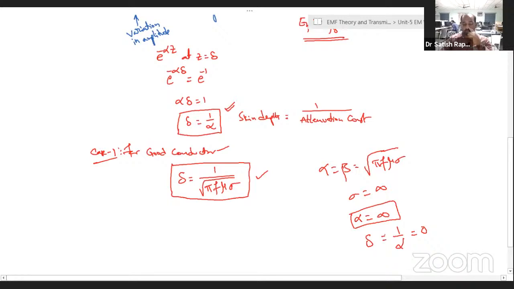So for a good conductor, conductivity is infinite, and alpha is directly proportional to sigma. So if conductivity is infinite, the attenuation constant is also infinite. If the attenuation constant is infinite, then skin depth is zero.